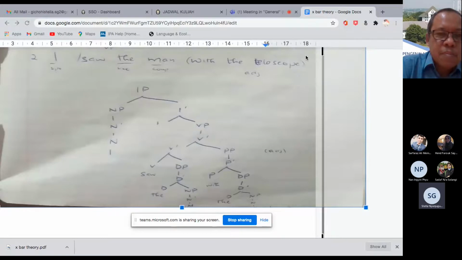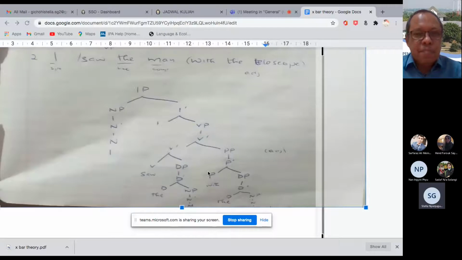So we have the adjunct, which is our prepositional phrase. Our prepositional phrase has to branch to the P bar, and then you have the P, which is the preposition with. Also this P bar with the man. So we have with the man now.